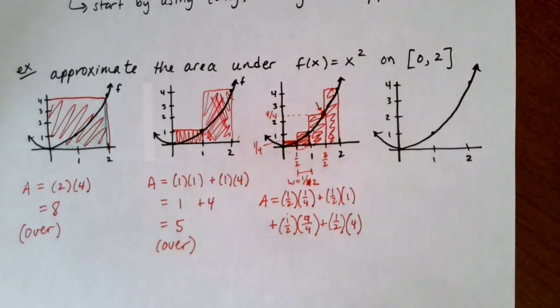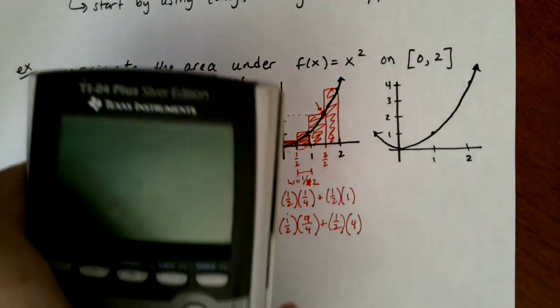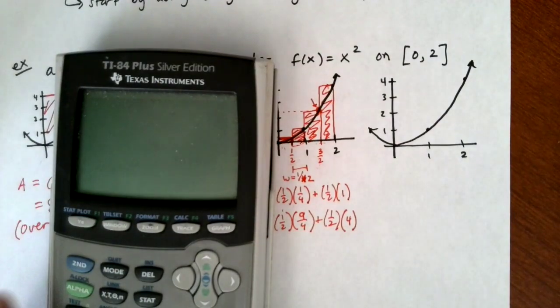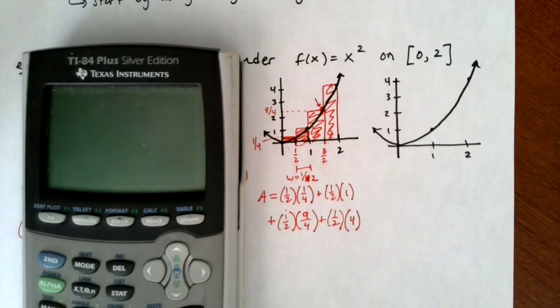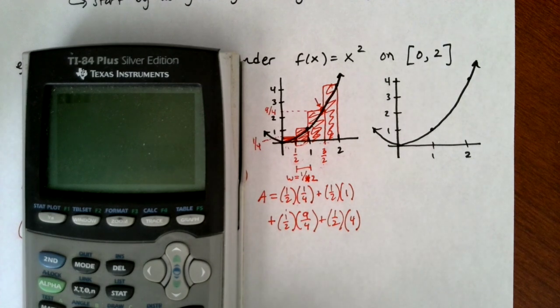All right, we could do this by hand, but why don't we pull out a calculator since the numbers are getting kind of gross? And we'll get an estimate here, or sorry, a computation. So I have 1/2 times 1/4 plus 1/2 times 1 plus 1/2 times 9/4 plus 1/2 times 4.